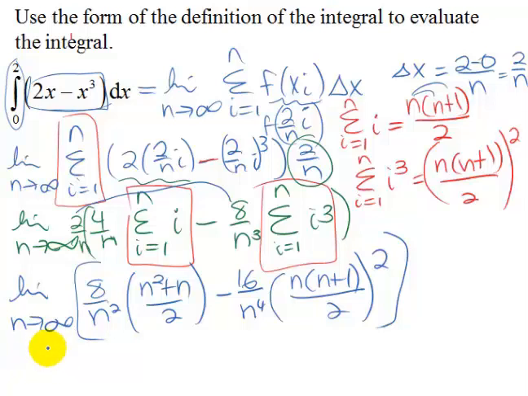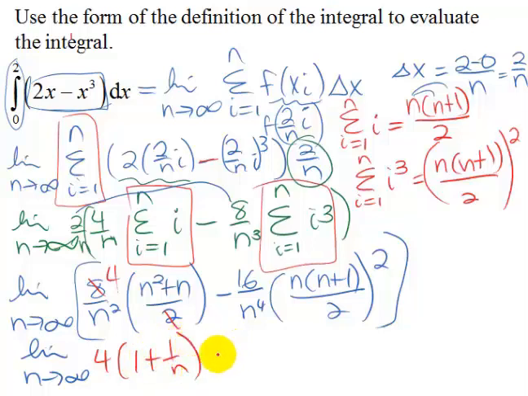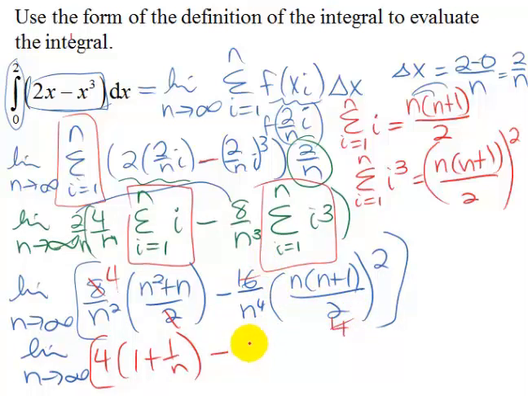Okay, let's see what we can do with that. We've got the limit as n approaches infinity of, we can reduce here and get 4, and then as we apply this n squared in the denominator, this looks like that's going to be 1 plus 1 over n, and then we have minus, and if we squared this 2, it would become a 4 that we could reduce with this 16, and so we would have a 4.